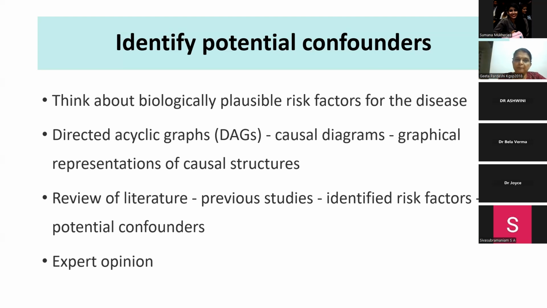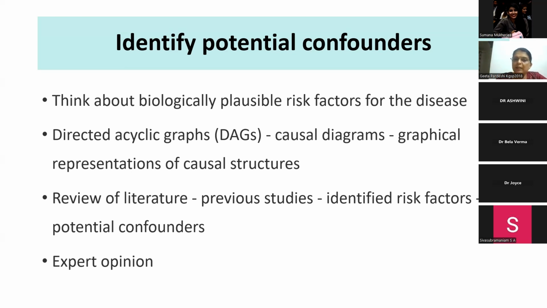Those are your confounders. Another method of finding out confounders is what is known as directed acyclic graphs. So these are causal diagrams. The diagram which I showed you for confounding for the classical definition is an example of DAGs.